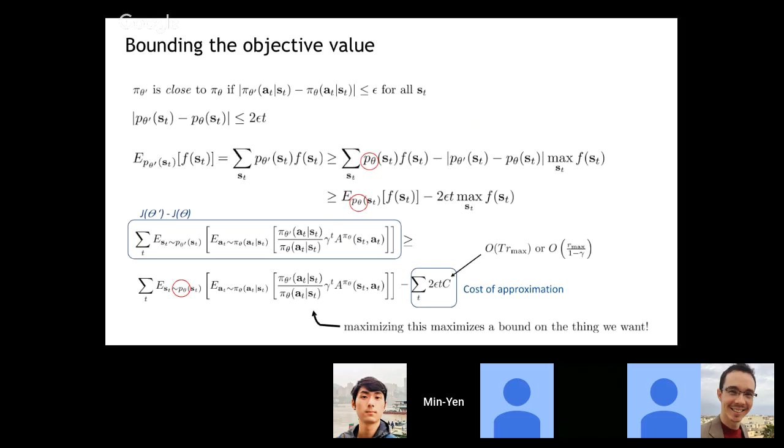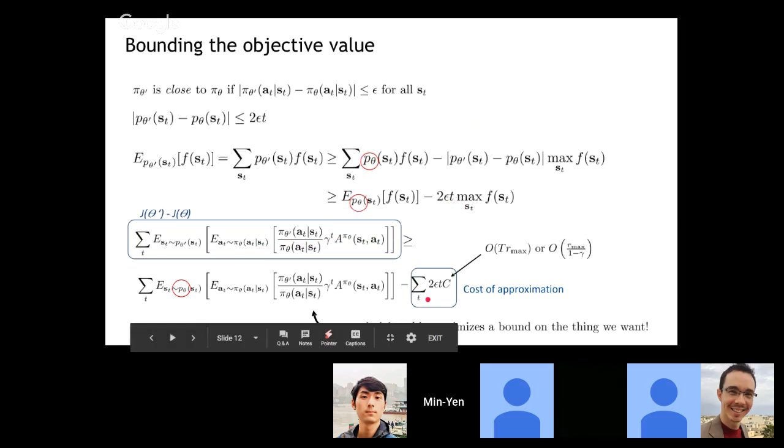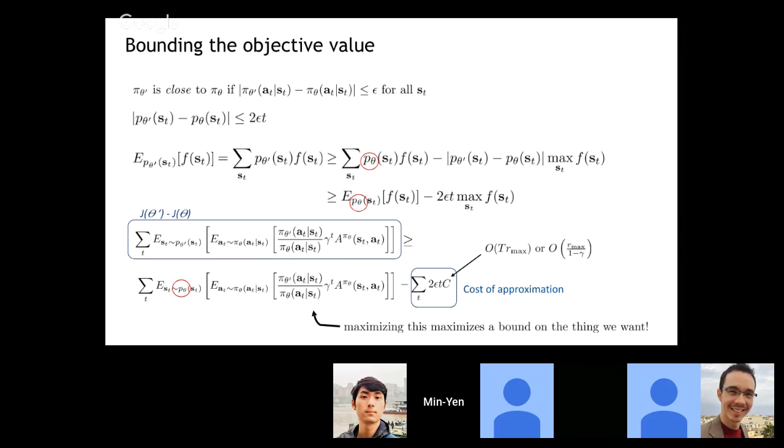Overall states, right? Yeah, sorry, overall states. And how do we get to here? How do we use the top equation to get to the bottom one, the one with minus summation 2 epsilon? How do we fit this in to get that?